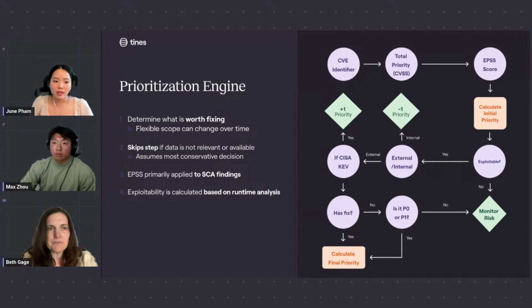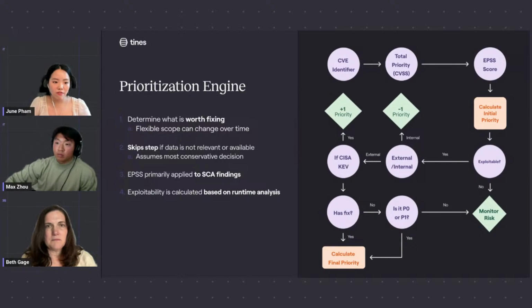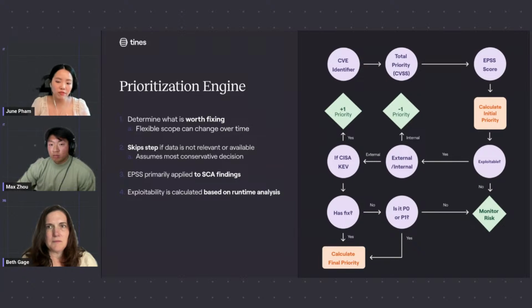This is the prioritization engine that Max and I have come up with. This is not the only way to do it. What we have done is consider multiple factors that people have used in the industry and combine them together in a way that makes sense to Greenlight, and to what we're trying to protect.